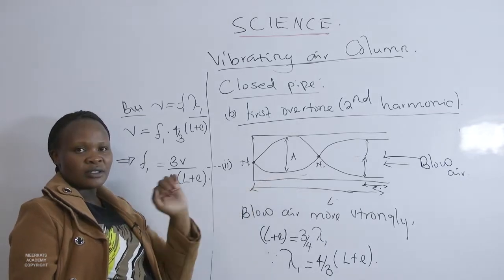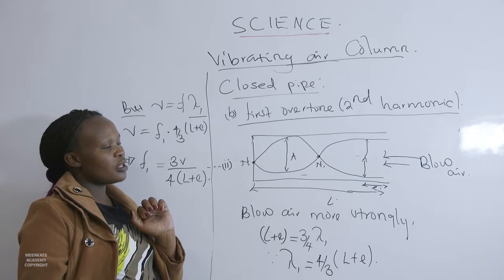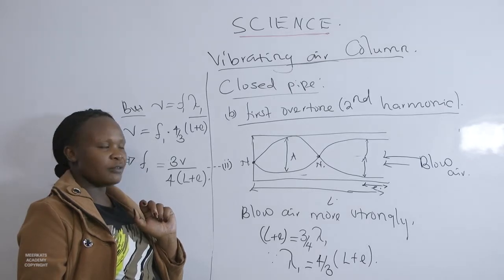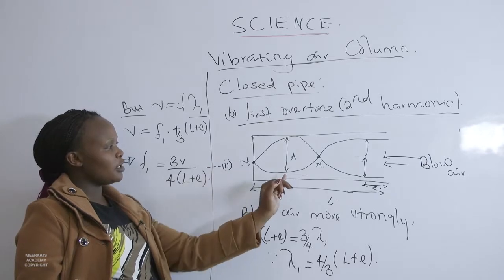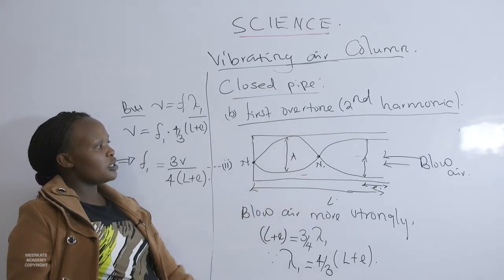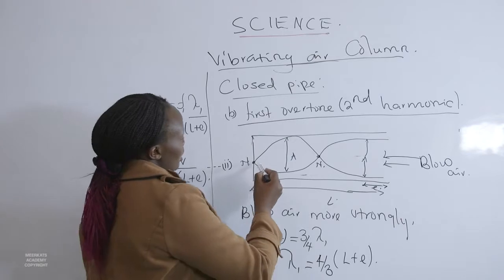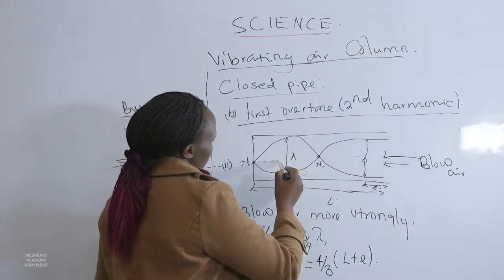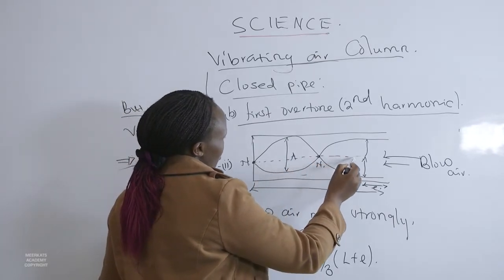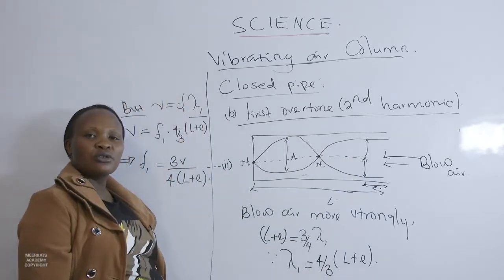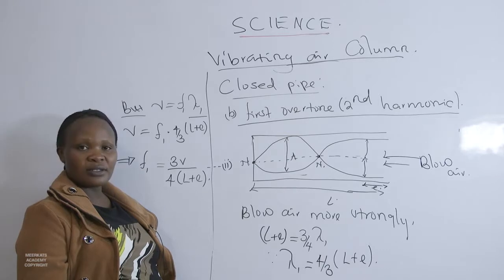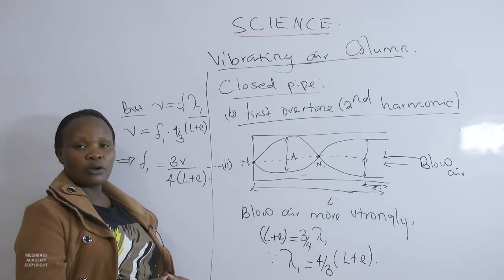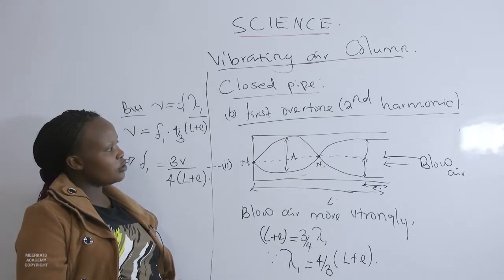It is transverse. When you produce 3/4 of a wave, it comes to the fixed end, is reflected, and superimposes itself so that we can form a stationary wave, which is characterized by a series of nodes and antinodes.